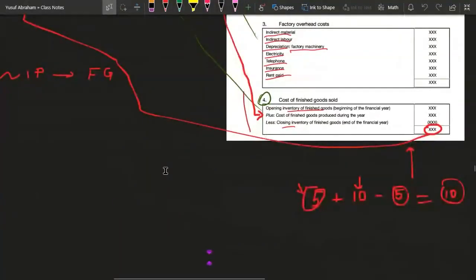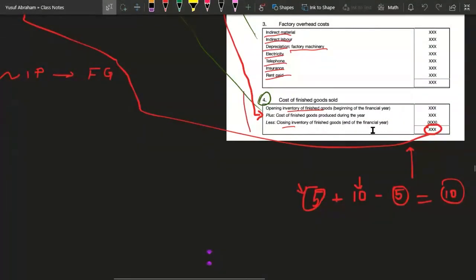You first need to take the cost of finished goods, just finished goods. So the opening balance of inventory of finished goods at the beginning of the financial year, plus the cost of finished good produced during the year, right? So you are dealing with whatever was produced, but minus the closing inventory of finished goods.